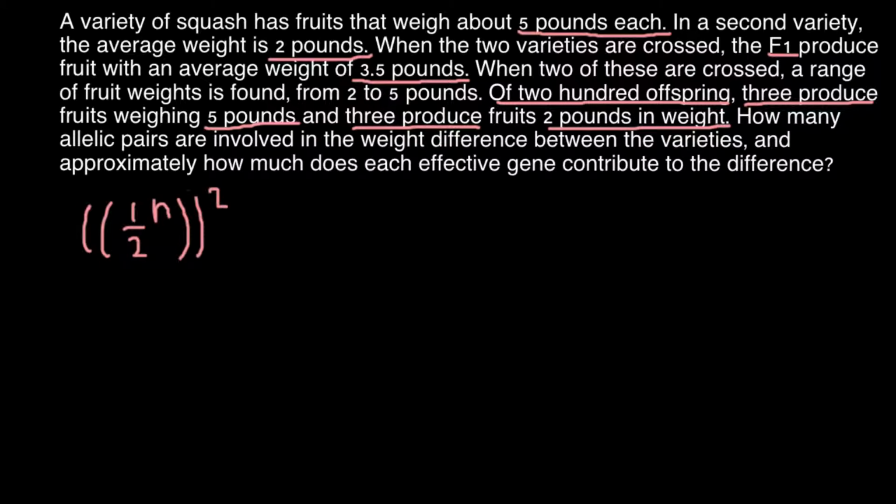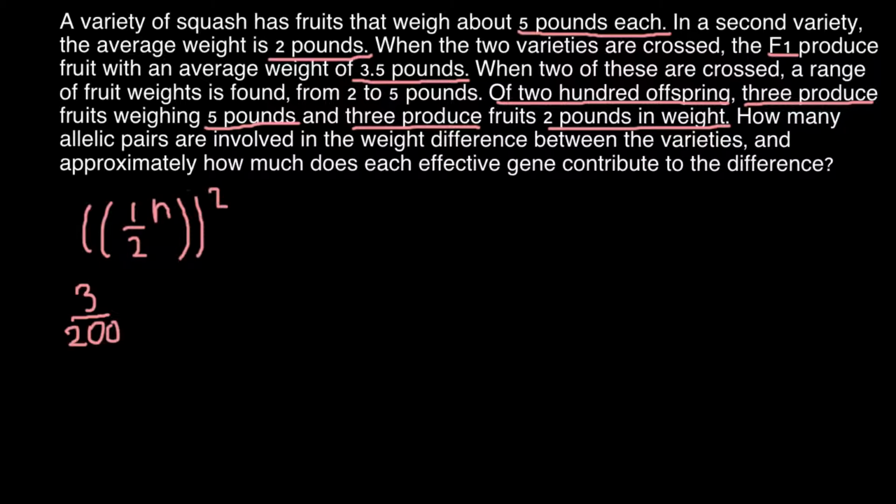So we have an equal number of the extreme phenotypes, and we have a distribution of the different phenotypes between these two extremes. So once again, we have 3 out of 200 that belong to the extreme phenotypes.